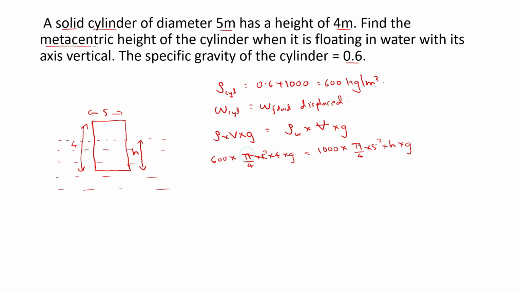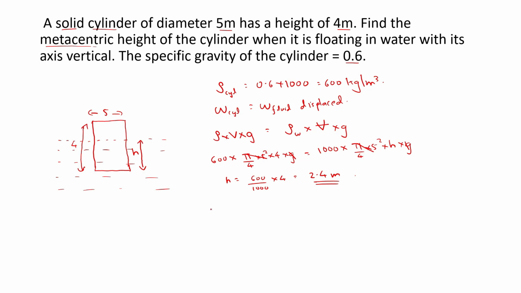So you can cancel it off. So that means H is equal to 600 by 1000 into 4, which comes out to be 2.4 meter. So H is equal to 2.4 meter.